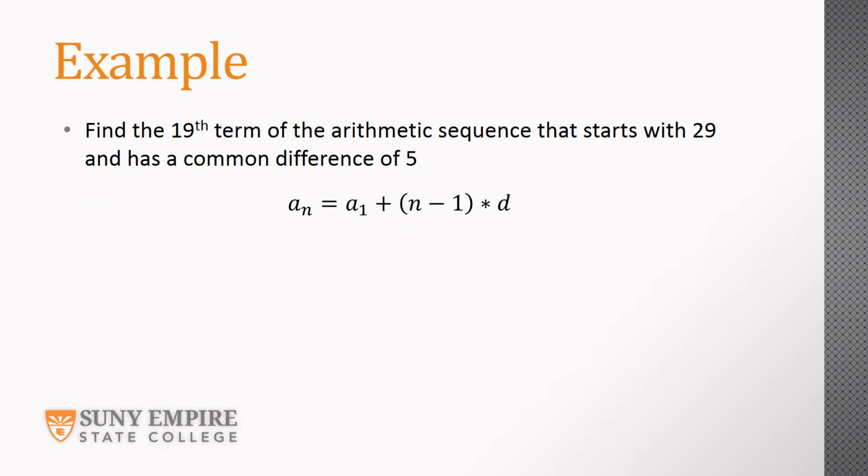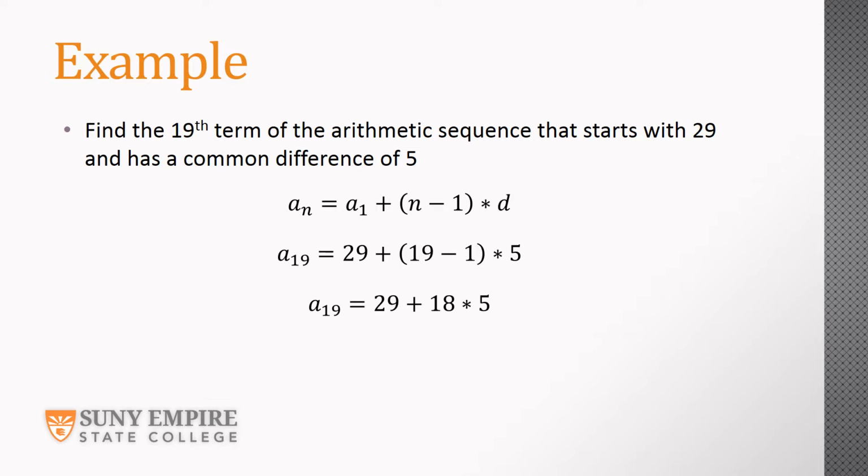For example, suppose we want to find the 19th term of the arithmetic sequence that starts with 29 and has a common difference of 5. Let's just use the formula. We plug in the pertinent information that we want a sub 19, which equals 29 plus the quantity 19 minus 1 multiplied by 5.